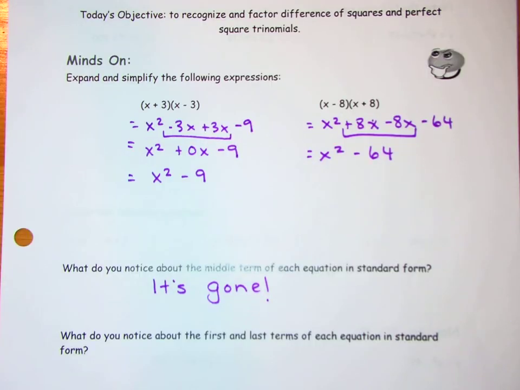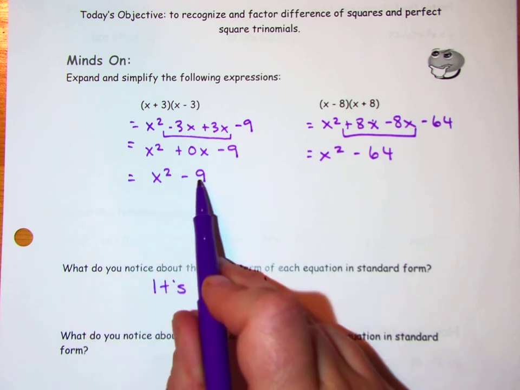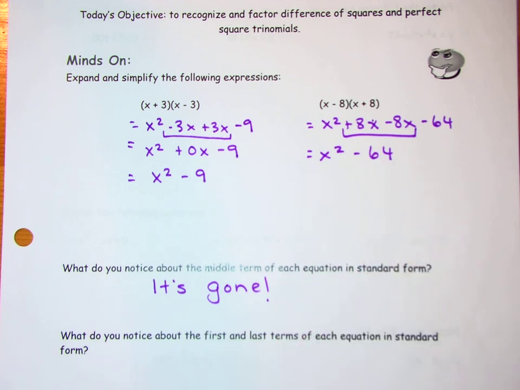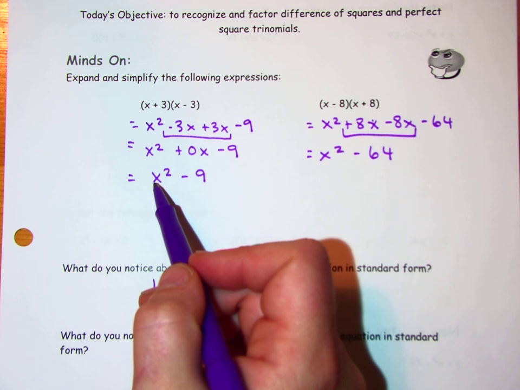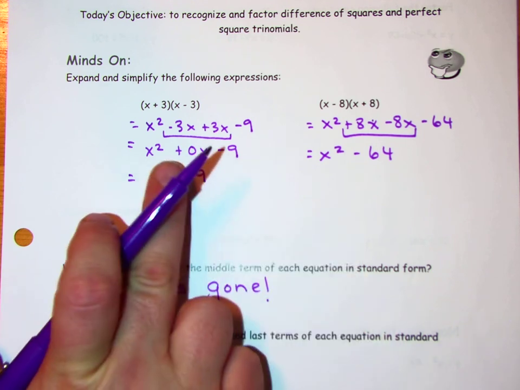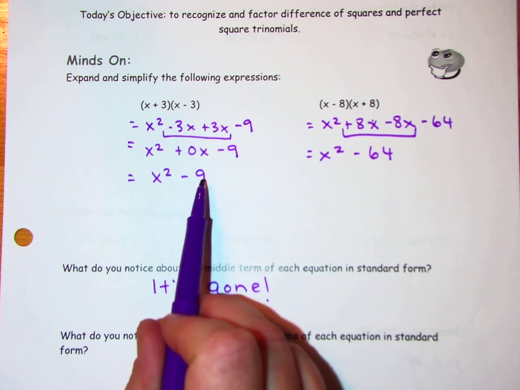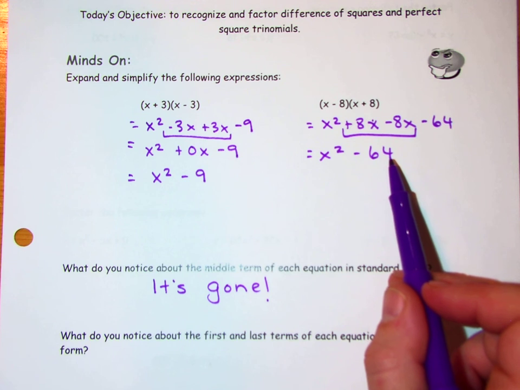What do you notice about the first and last terms? X squared, and let's just ignore the negative for a second, and 9. X squared and 64. You can take a square root of x squared. The square root of x squared is x, because x times x is x squared. Again, we're just ignoring the negative for a quick second here. You can take the square root of 9, it's 3. And you can also take the square root of 64, it's 8.